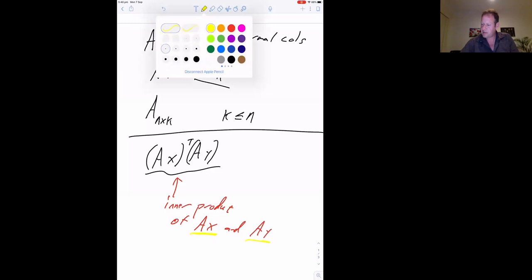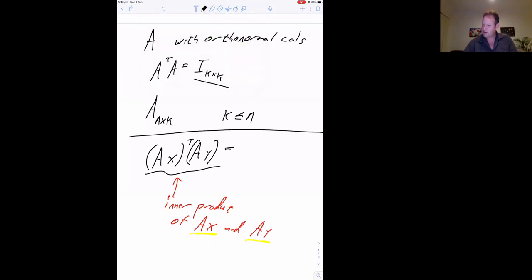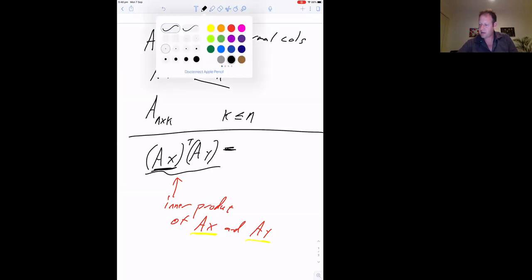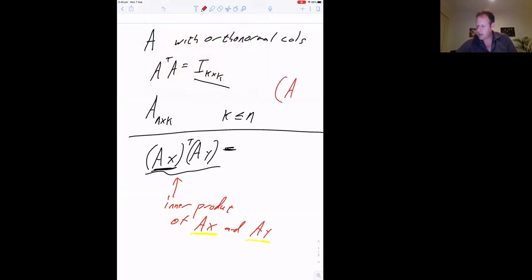So then comes these kind of fun calculations. How can I write AX transpose? Well, this is going to be a huge thing in the next two hours and the continuation: AB transposed equals B transposed A transposed.